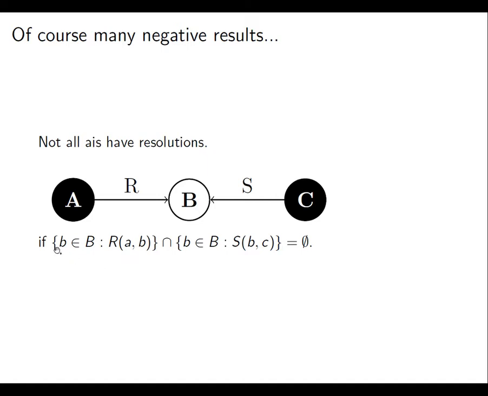So if there is no B which is consistent with A according to R and consistent with C according to S, if the intersection of those sets is empty, then we are absolutely out of luck. We will not be able to do that.